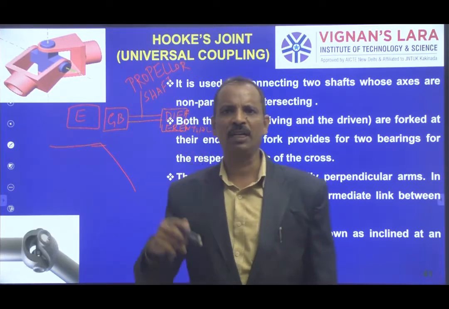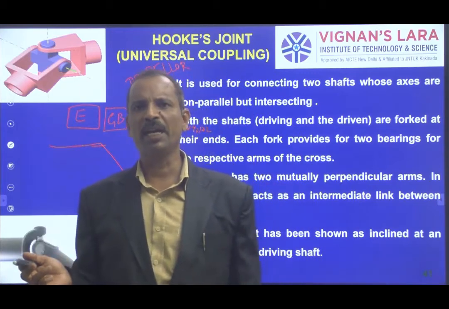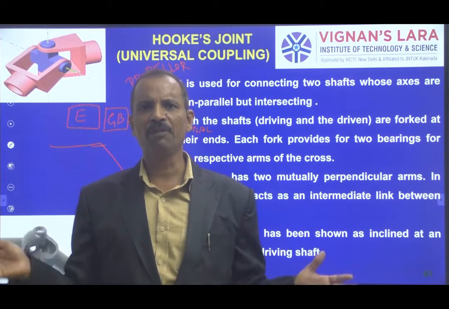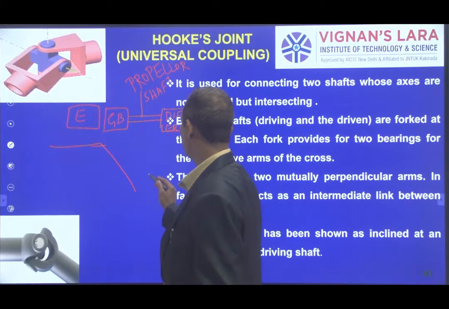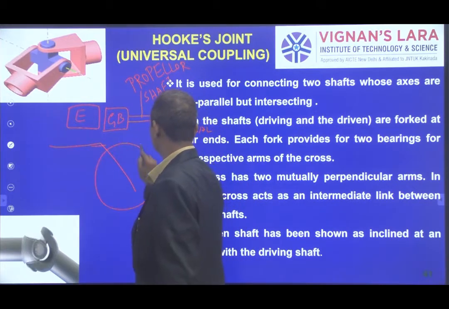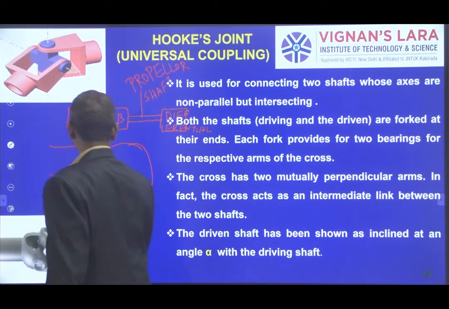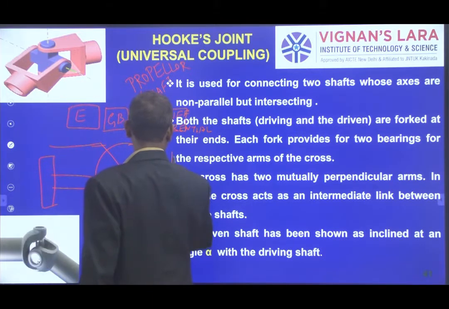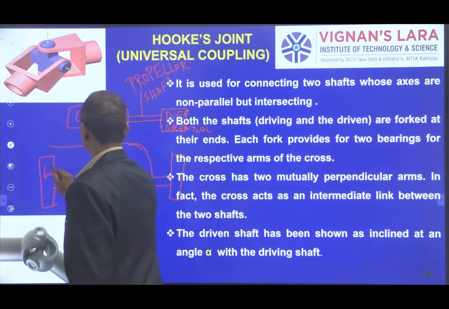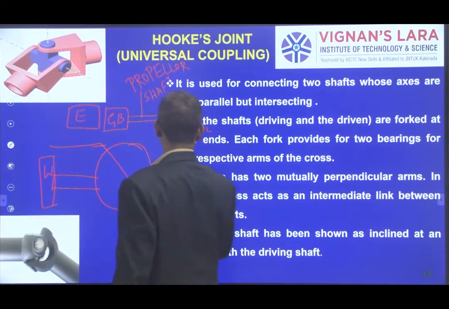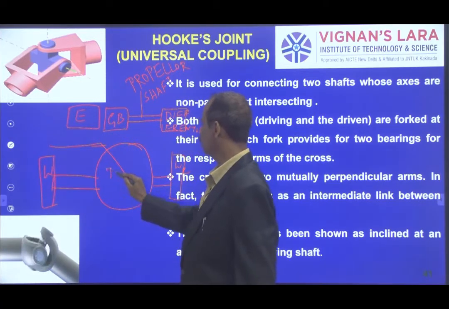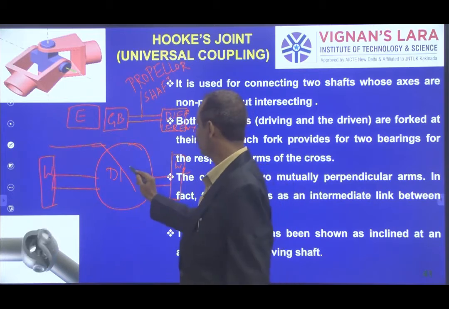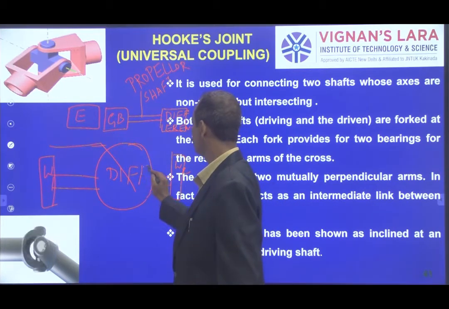What is the differential? When you stand behind a lorry or a bus, you see between the rear wheels a big device like a pot. Here there is one wheel and here there is another wheel. This part which is like a pot is called a differential.